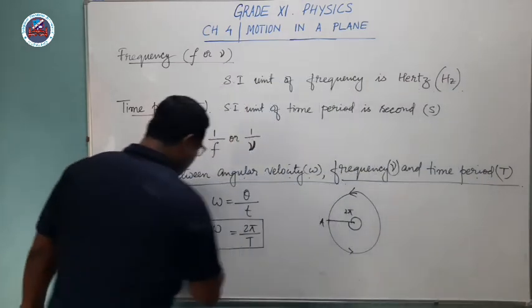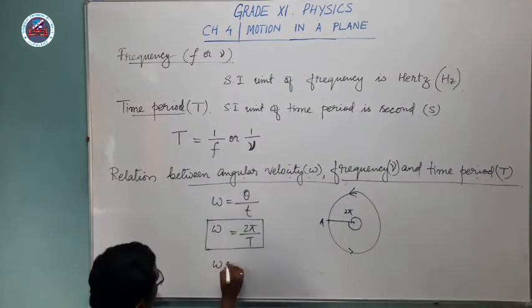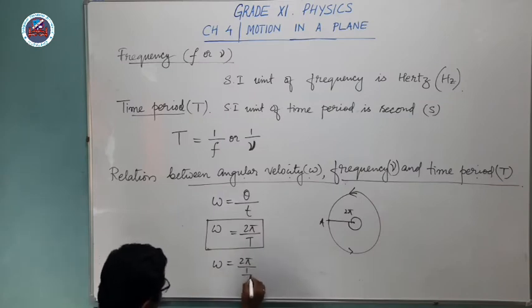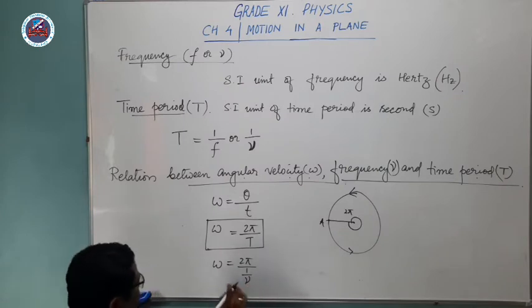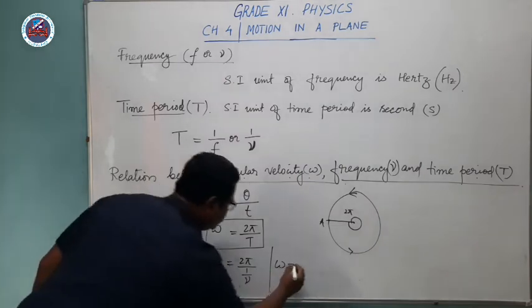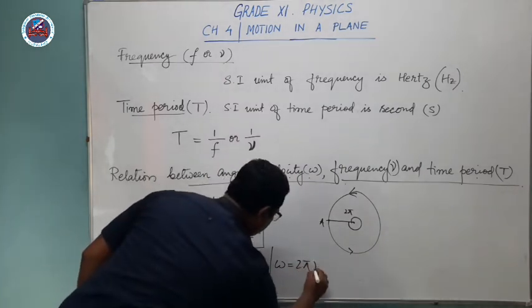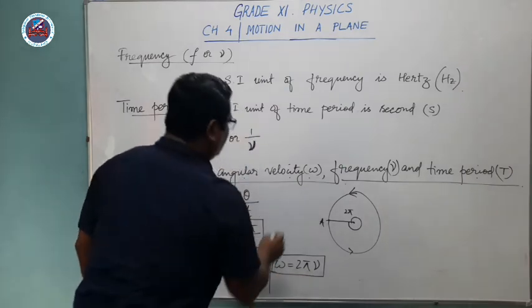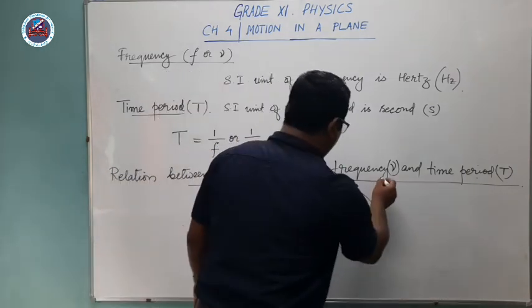Now again we know that angular velocity is equal to 2 pi by T, which is equal to 2 pi times the reciprocal of time period, that is frequency, 1 by nu, or we write it as f, whatever you write. Angular velocity omega is equal to 2 pi nu, or 2 pi f. So this is the relation between angular velocity and frequency.